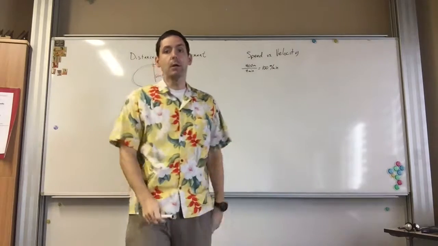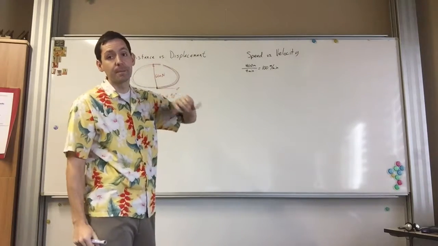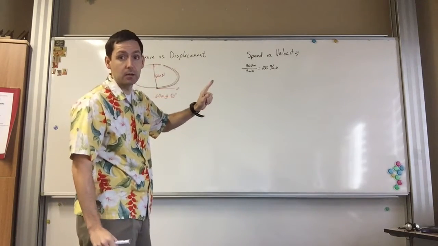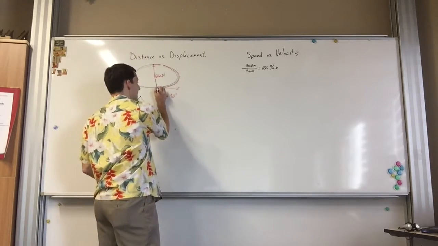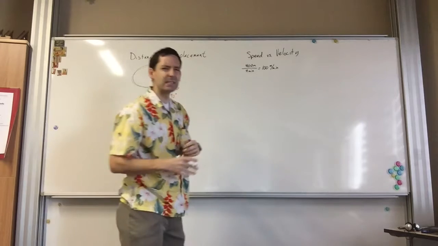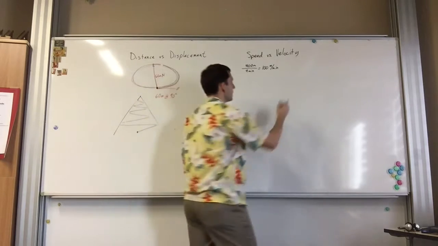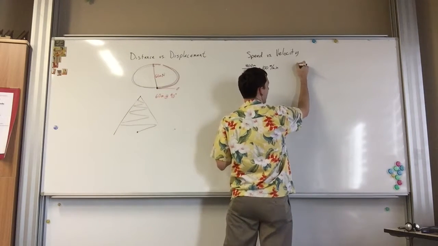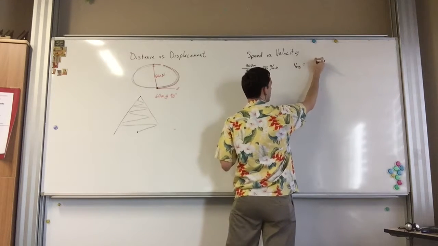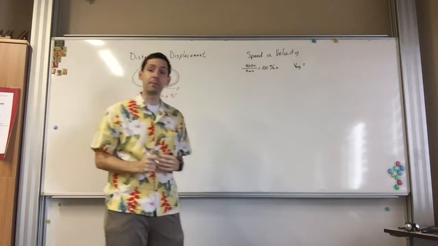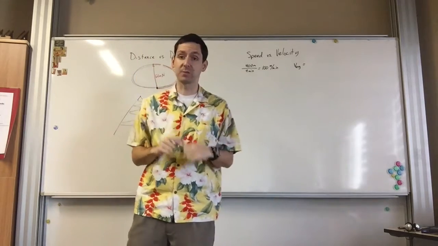That's the example I gave. Okay, that would be my speed. Now, my velocity is from beginning to end. So if I start and end at the same place, average velocity is generally defined as your displacement divided by the time it took you to cover that displacement.